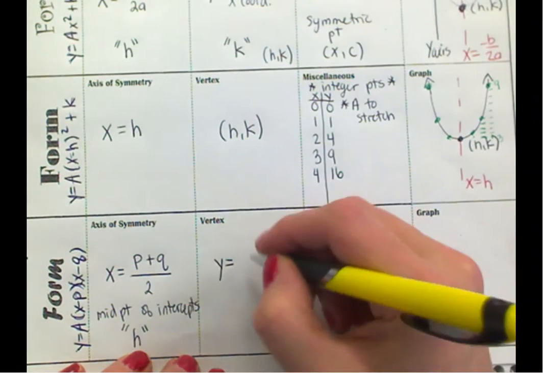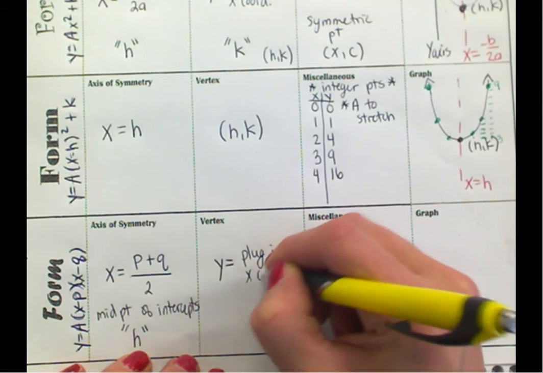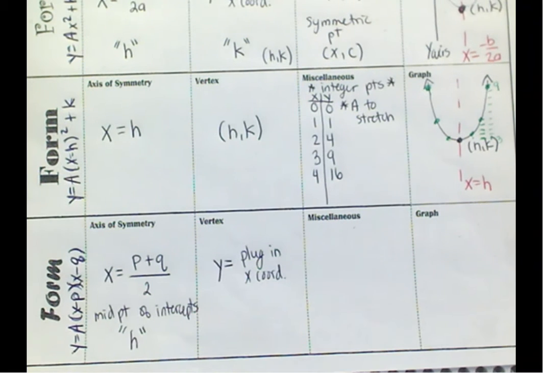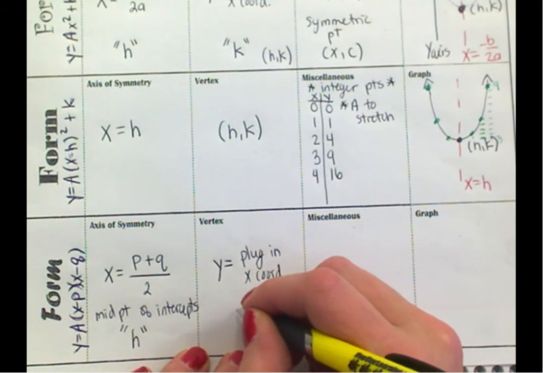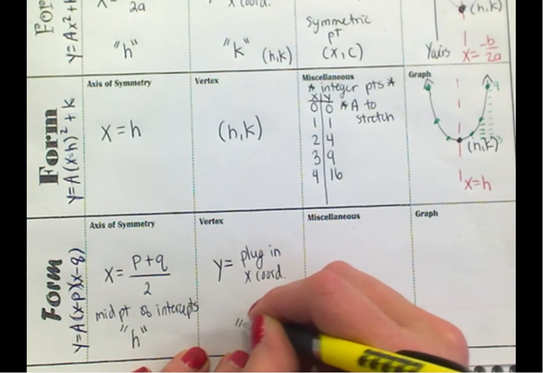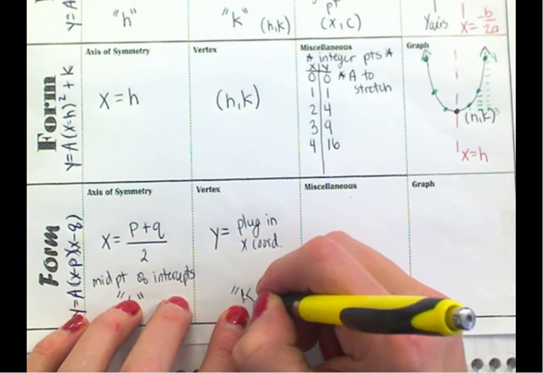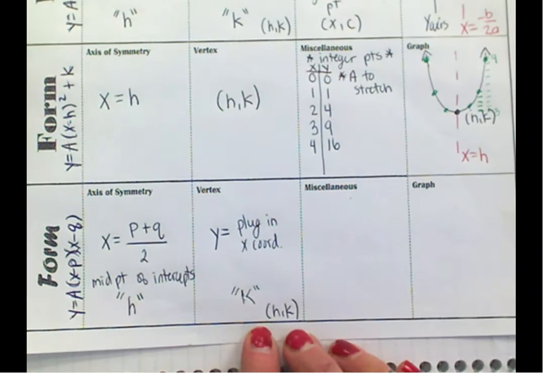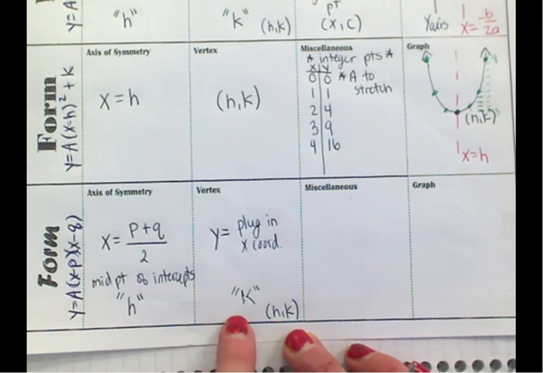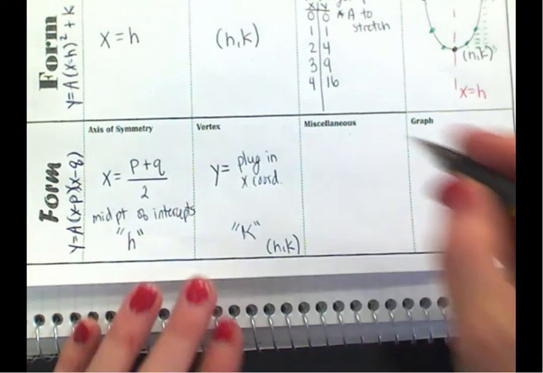Okay, how do I get y? Plug in the x coordinate. This is going to be your k value. Keep in mind your vertex is HK, axis of symmetry, and the corresponding y coordinate.